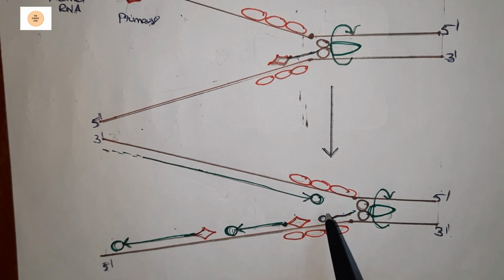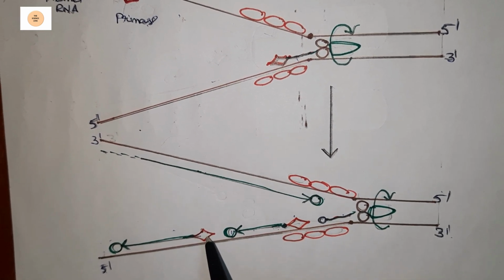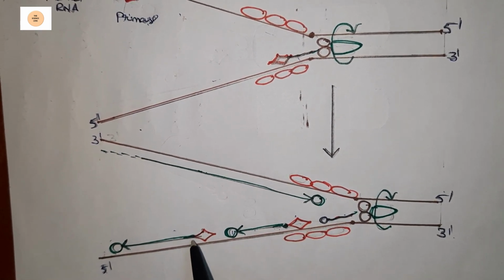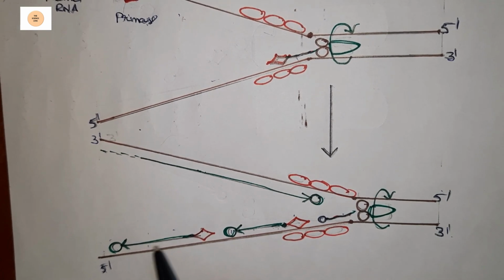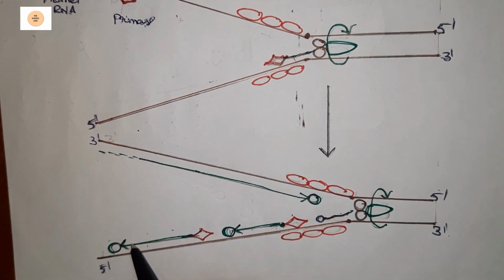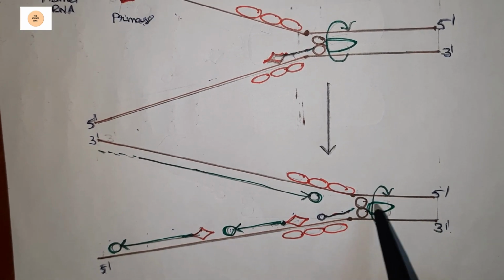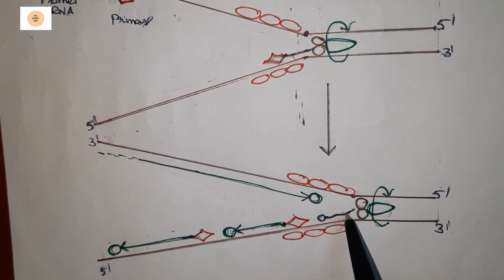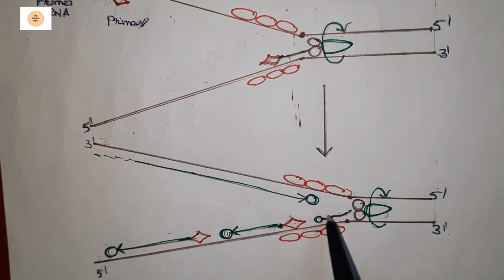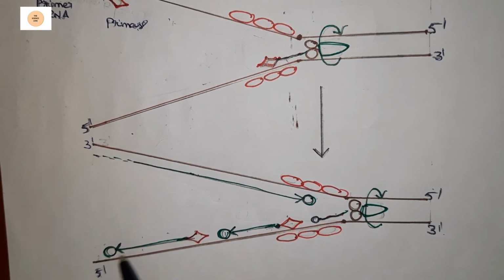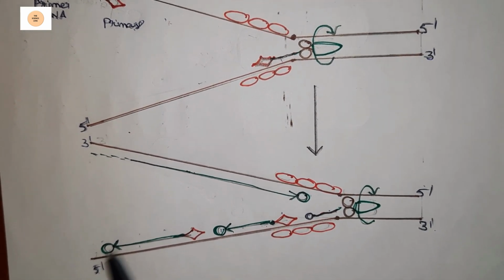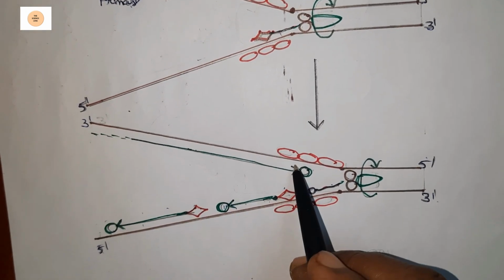Then again another primer is synthesized, and with that primer, again with the help of the DNA polymerase, another fragment is synthesized. Like that, as it is moving in this direction, this gyrase and swivelase, new primers are synthesized here and after, and small fragments are formed on the lagging strand, whereas here only one strand is formed.